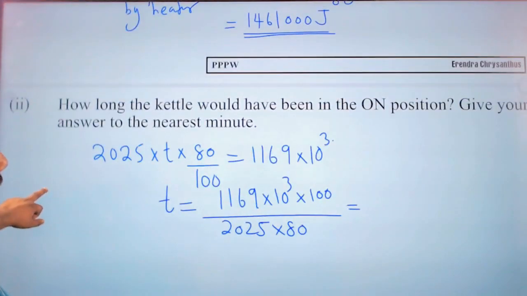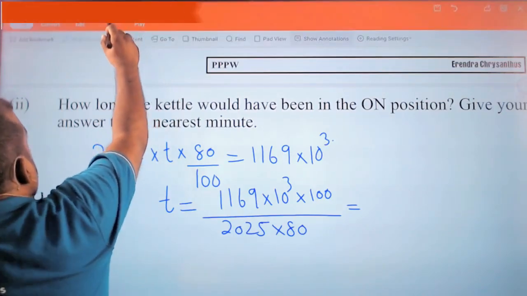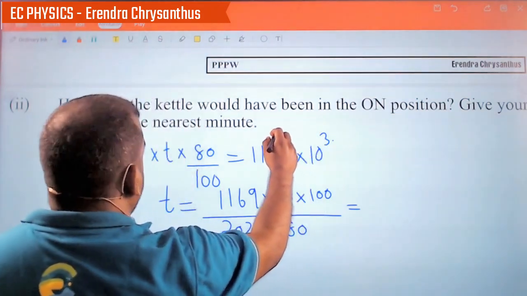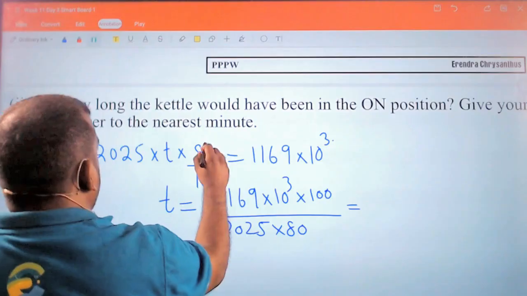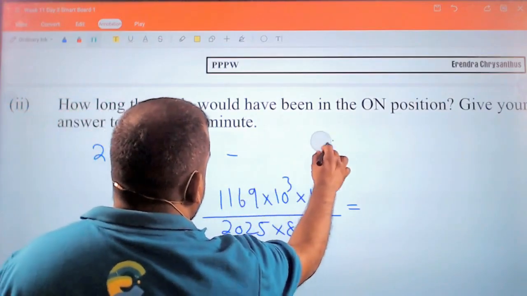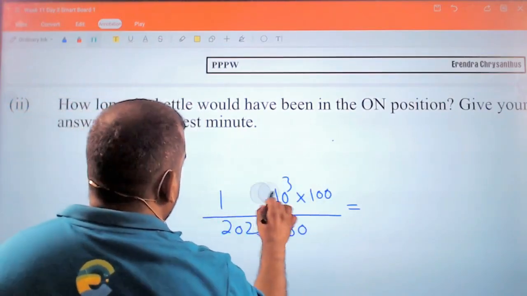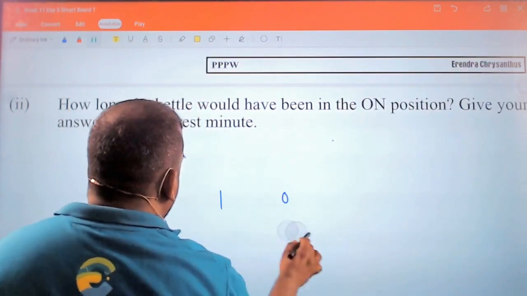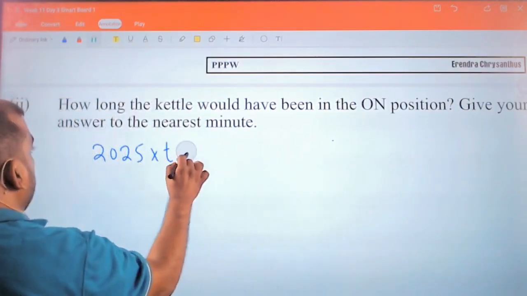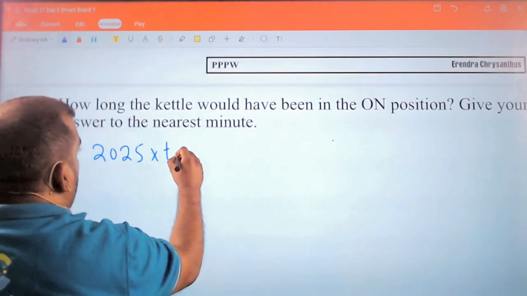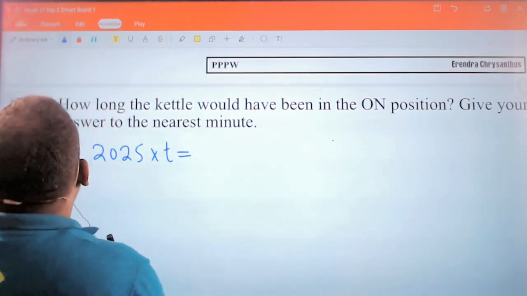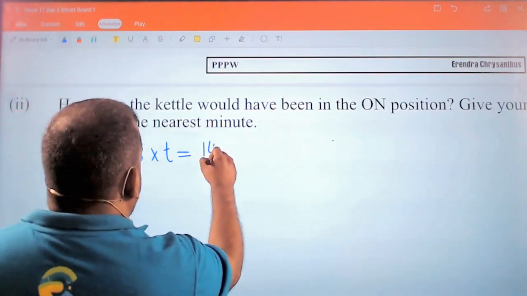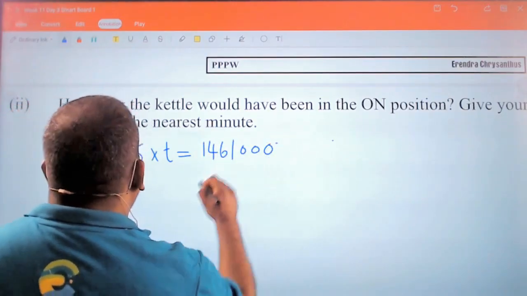How long the kettle would have been in the on position? Answer it to the nearest minute. So here, now we can simplify this. Heat produced, earlier we have found 1461, right?